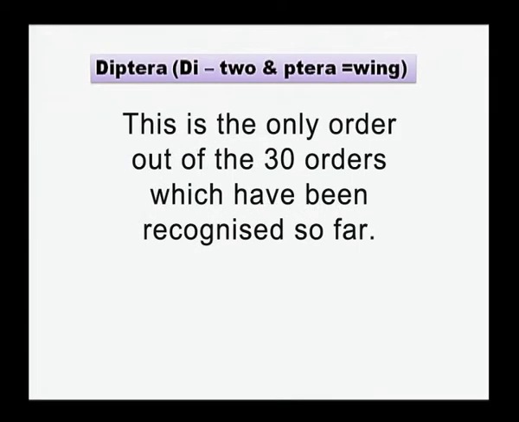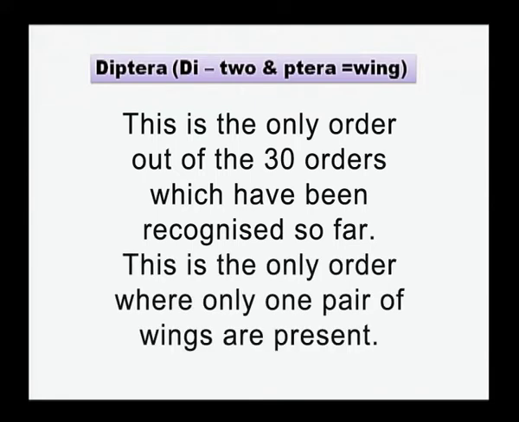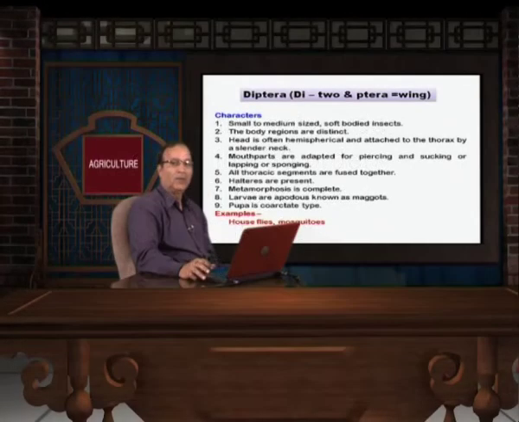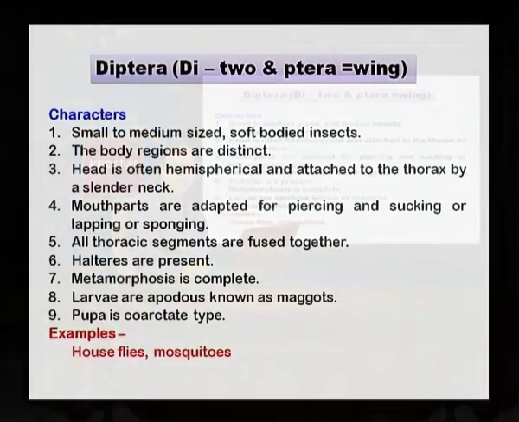It means this is the only order out of the 30 orders recognized so far where only one pair of wings is present. One pair is reduced and only one pair out of two is present. That is why the name has been given as Diptera.